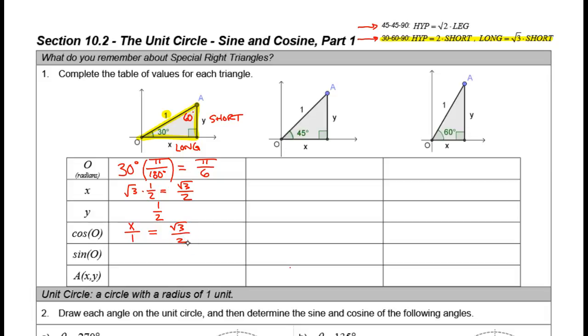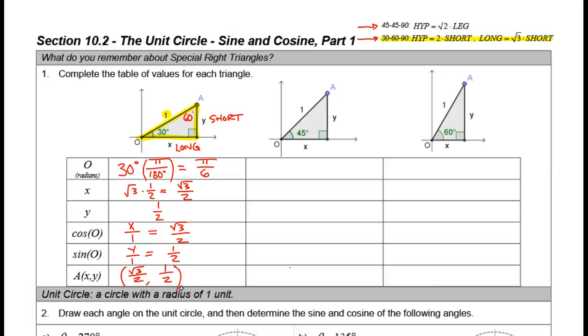For the sine of angle O, it's going to be the opposite leg divided by the hypotenuse. So that's going to be y divided by 1, or in this case, 1/2. Last thing I want to do here is show you the xy pair for point O. The x distance is √3 over 2, and that y distance is 1/2.